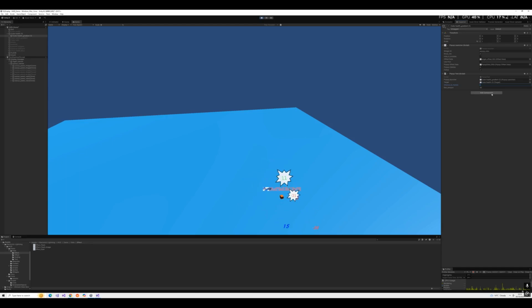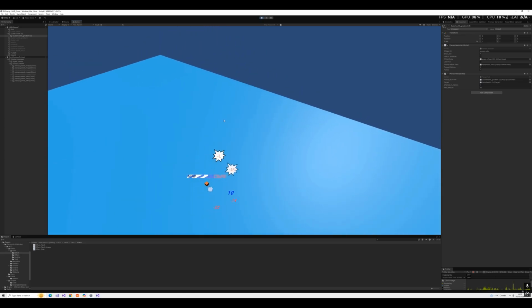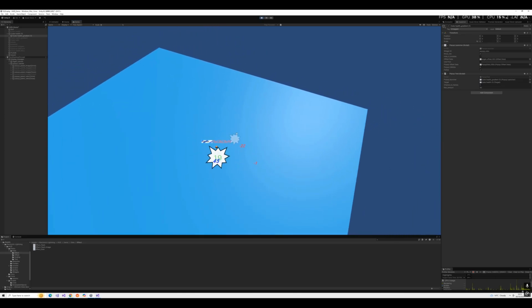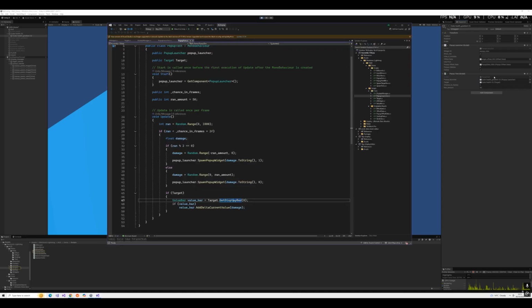I think you reduce the chance of each. So there's less of those numbers spawning, chance in 1,000, random amount. I'm not 100% sure these work. I think the random amount is like positive or negative. Random is less than chance in frames times 2.